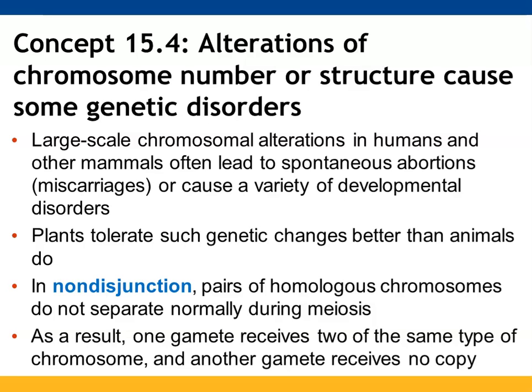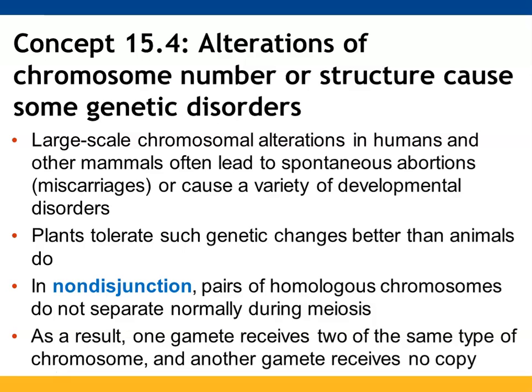So the splitting of the homologous chromosomes in the first part of meiosis, and the splitting of the non-identical sister chromatids in the second portion of meiosis, that could result in non-disjunction, or if you just have physical alterations to your chromosomes, that too can lead to some pretty significant issues.